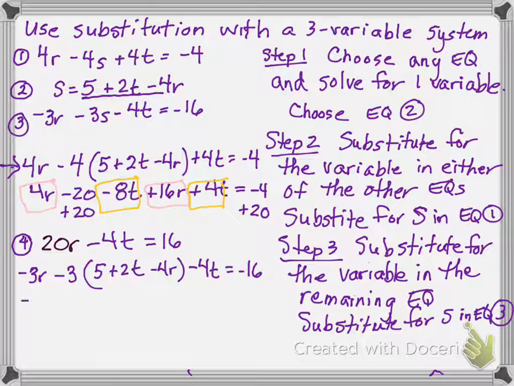Distribute the negative 3, so we have the negative 3r here. Negative 3 times 5 is negative 15. Negative 3 times 2t is negative 6t. Negative 3 times negative 4r is plus 12r. The minus 4t is still there, and the negative 16 is still after the equal sign. So we're going to add the 15.